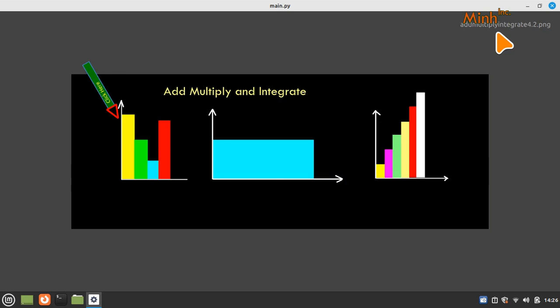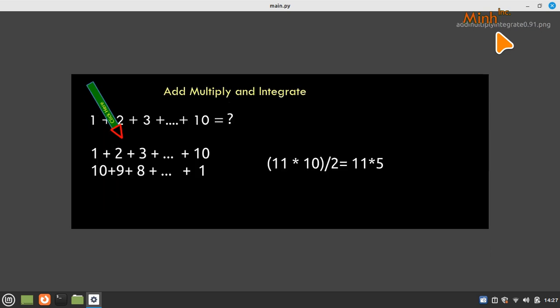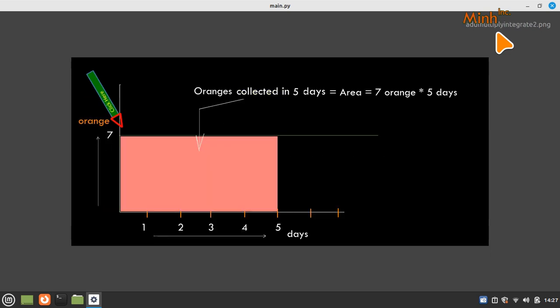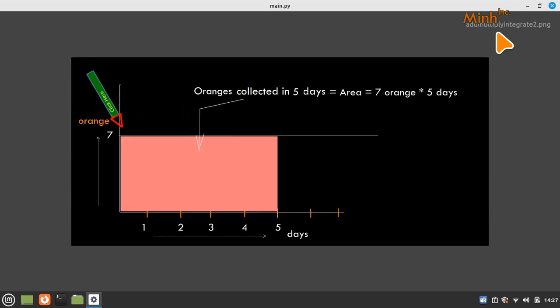So far we have seen like this. So if we see graph wise, so we demonstrated unit wise, and if we see graph wise, so collection of 7 oranges, okay, for 1st day, 2nd day, 3rd day, for 5 continuous days. So this can be a graph, and this is the scenario.